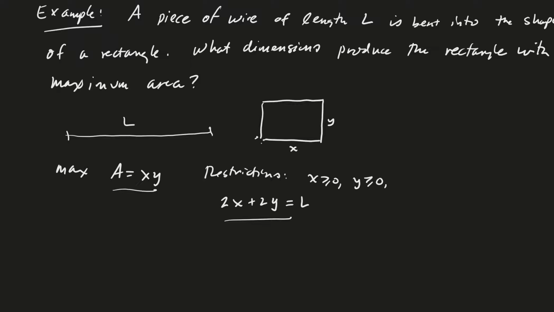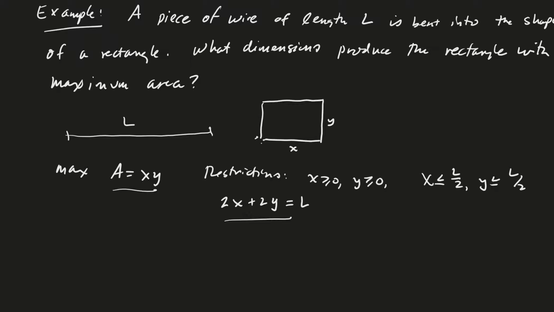So if I take this, I can say, by the way, can you tell here if there's a maximum value for x and y? Right, x and y could not be any bigger than L over 2. X must be less than or equal to L over 2, and y must be less than or equal to L over 2.